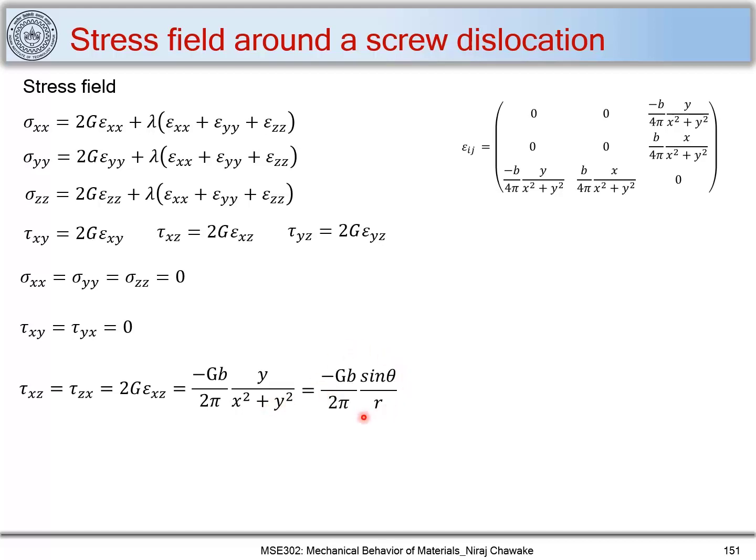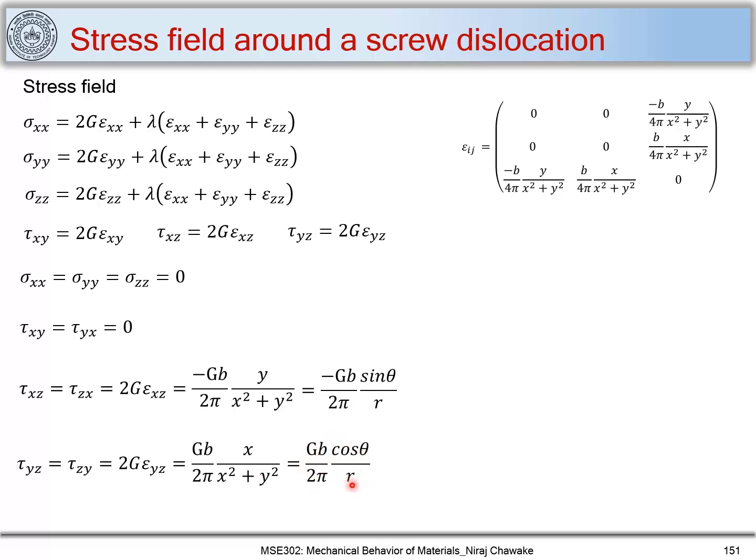In terms of theta, you can write it as minus gb upon 2 pi sine theta upon r. Similarly, tau yz is equal to tau zy, and it is given as 2g epsilon yz. You just replace epsilon yz with this term, which comes out to be gb upon 2 pi x upon x square plus y square, and in terms of theta, you can write it as gb upon 2 pi cos theta upon r.